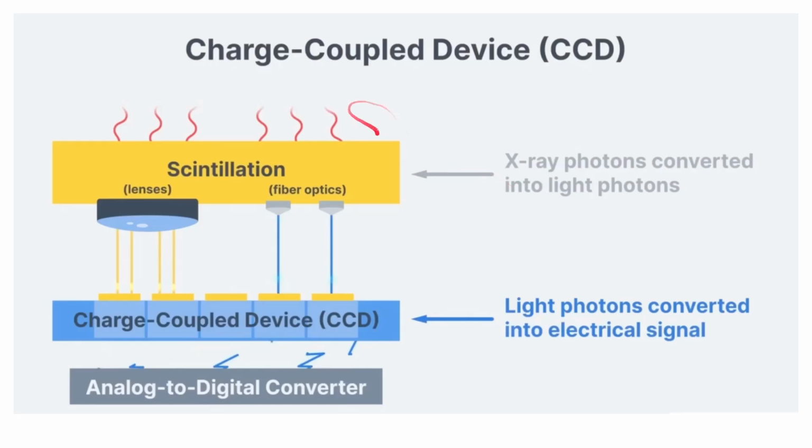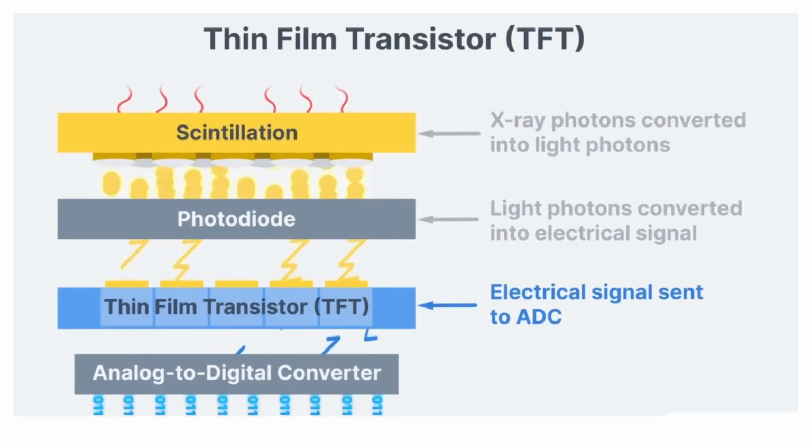And then these light photons, either by lenses or fiber optics for the charge coupled device, are sent to the CCD, and the light photons are converted into electrical signals. And that electrical signal is sent to the analog to digital converter. Once it's a digital signal, that is then sent to the computer and shown on our computer screen, or imaging display, if you will.